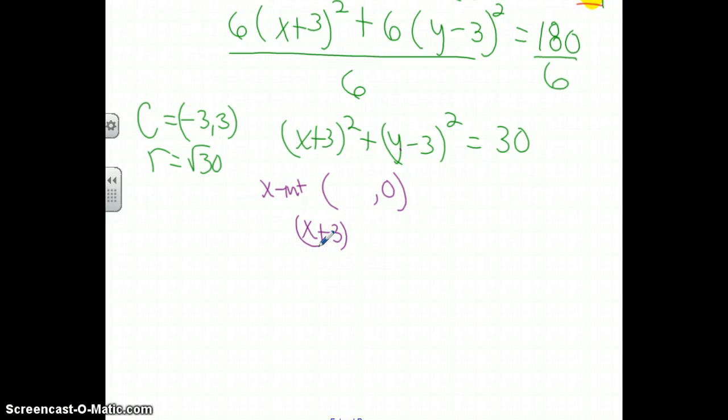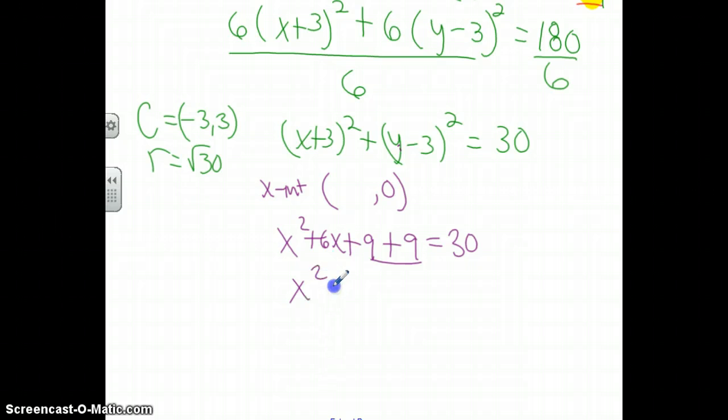In fact, let's go ahead and just multiply that out. So I'll square the first, twice the product, square the last. If this is a 0 in here, I'll square the negative 3 and get another 9. This is 18 here. I'm going to subtract off 30 for a negative 12, and I'm looking for factors of 12 that differ by 6.